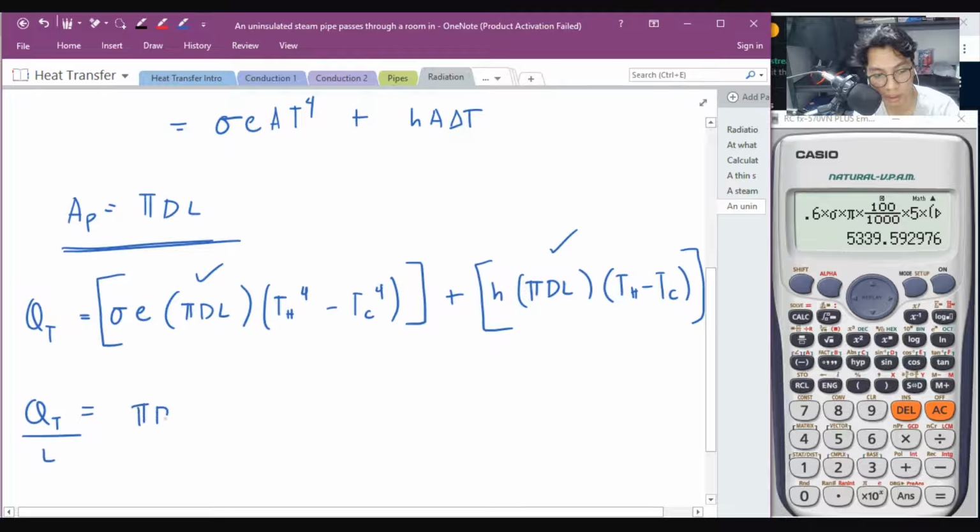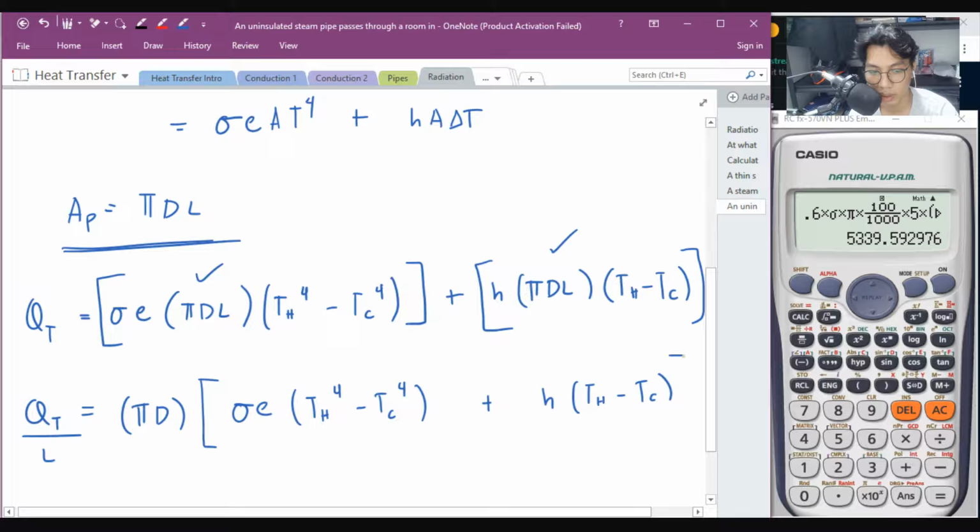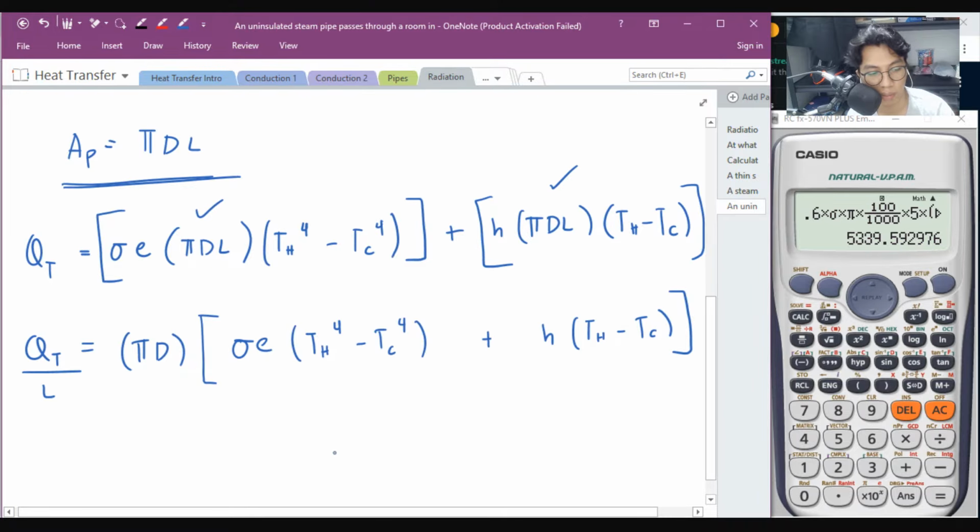Pi D, tapos length. Pi D multiply to yung sigma, emissivity, tapos T hot to the fourth minus T cold to the fourth. Plus dito, yung h, tapos T hot minus T cold. Yun. Na-form na natin yung gagamitin nating working formula.